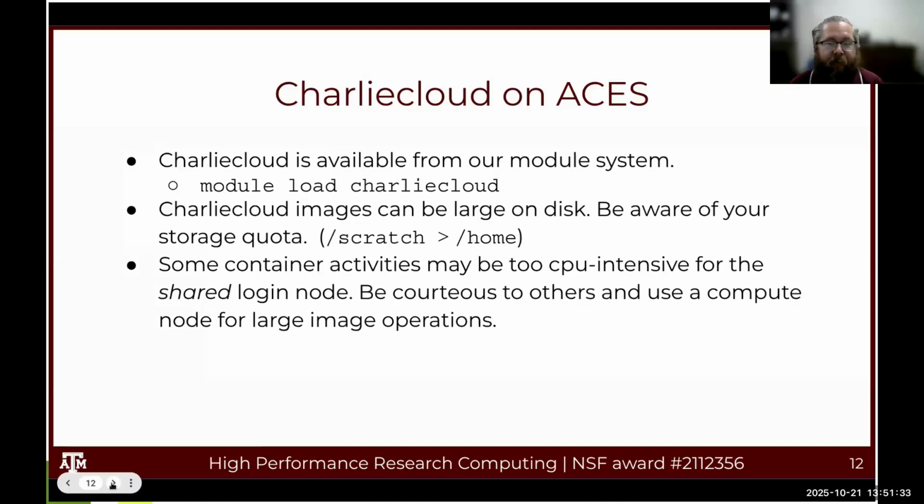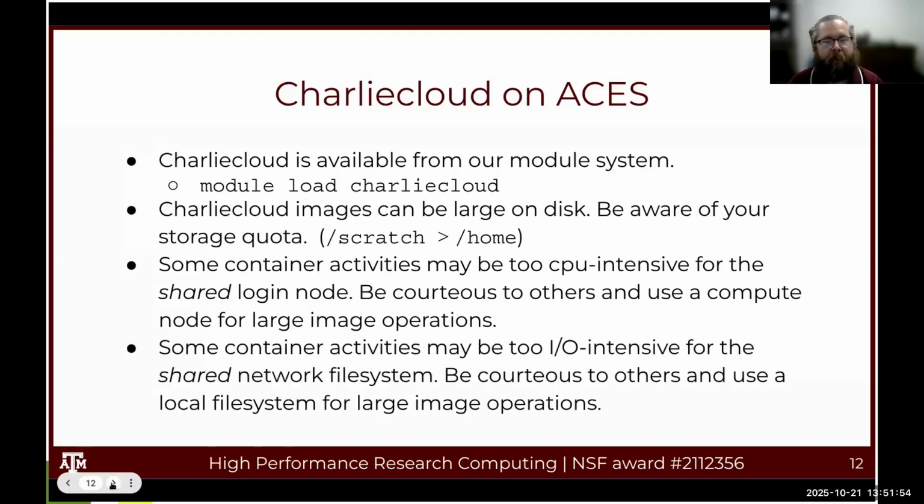Next, some container activities may be too CPU intense for the shared login node. We do have limits on the login node, so you need to be courteous to others and use a compute node when you're doing the large image operations. And I will teach you how to do that when it becomes relevant. Finally, some container activities may be too I/O intense for the shared network file system.